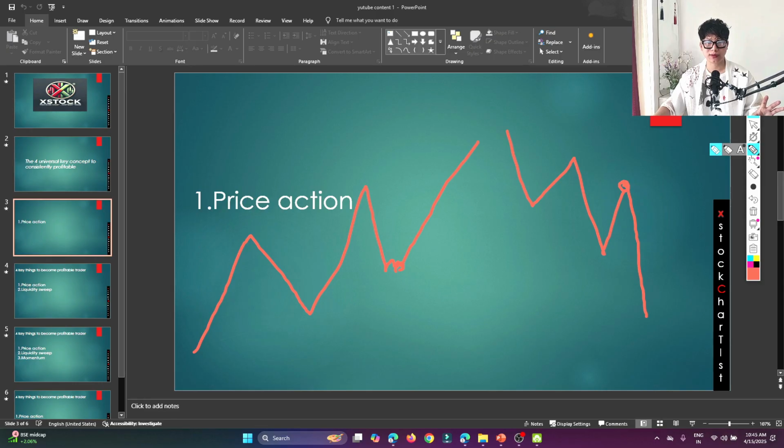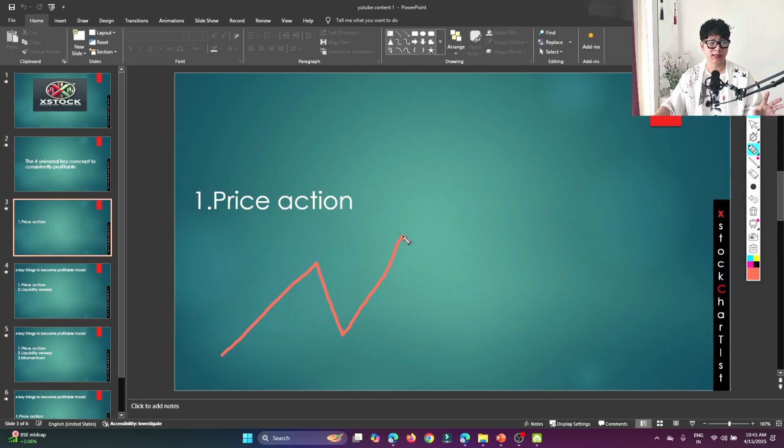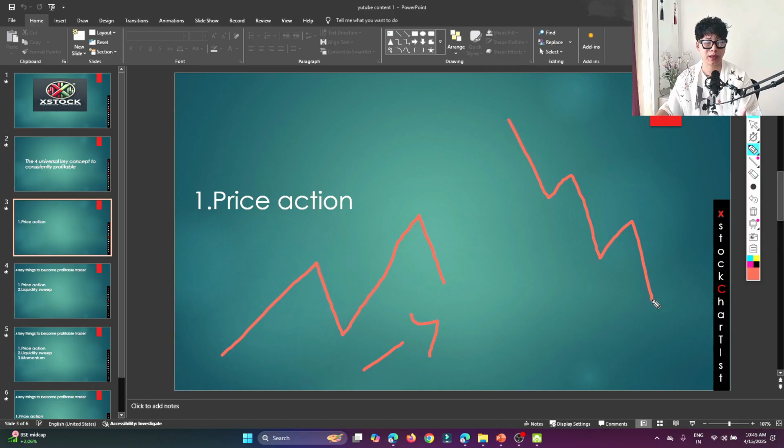So now you see a market structure like this. What is this? This is a bullish trend, so you are looking for a buy. And when you see a bearish trend, you are looking for a sell. Why is it important to read market structure? What is the characteristic of a bullish trend?